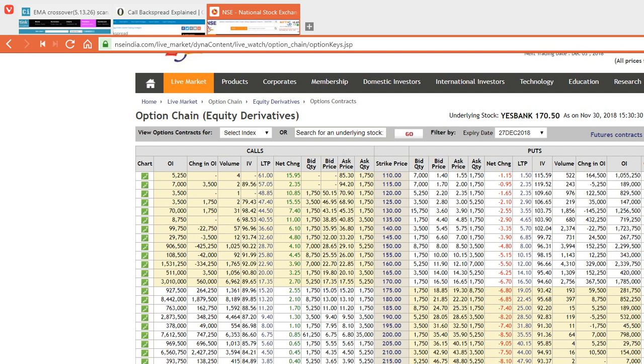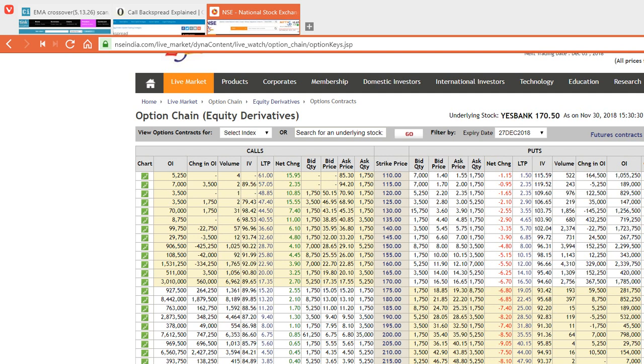However, in Nifty there is good volume in most of the strikes. So I'll go back to Nifty here, and as you can see, the volumes are there even till 9,600 also. There is huge volatility here.